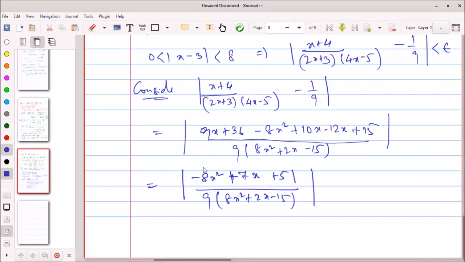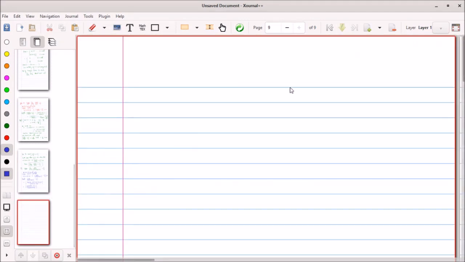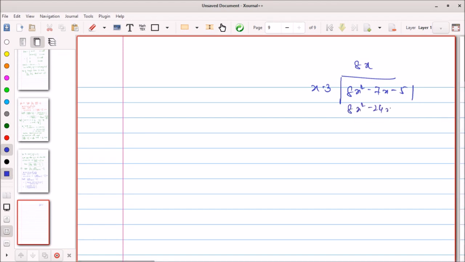Since I want to get x - 3 in this, I will have to divide the numerator by x - 3. This is my rough: 8x^2 - 24x, minus plus, so this will become 17x - 51. So I will multiply this by 17.